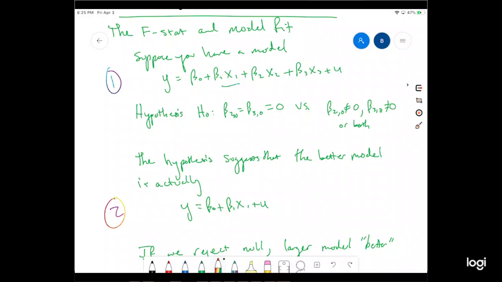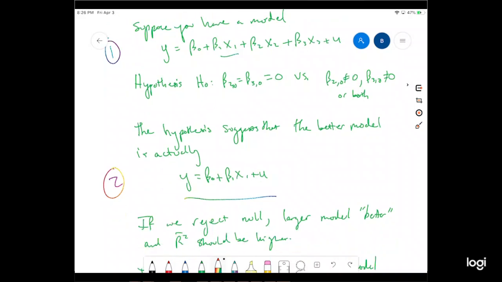It only has x1. So this joint hypothesis about beta 2 and beta 3 is going to help us decide which is the better model. The hypothesis suggests that the better model is actually the smaller model with only x1 in it.